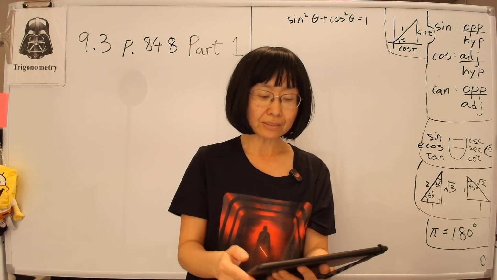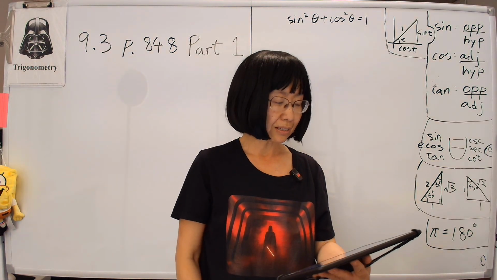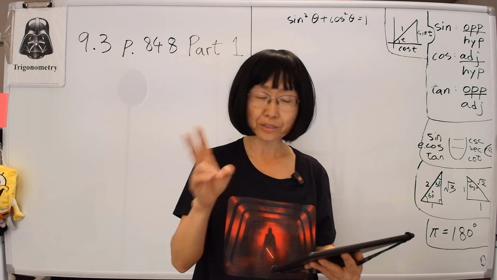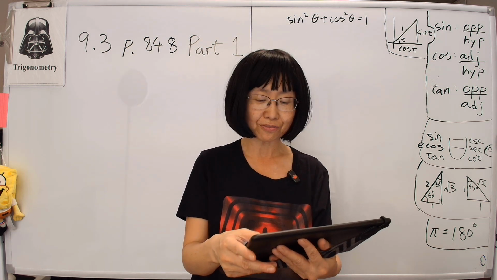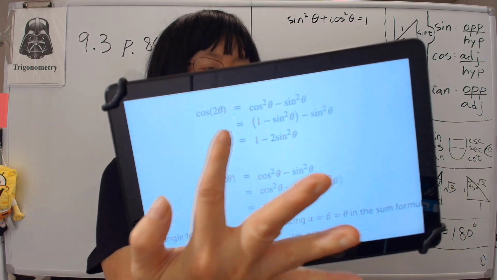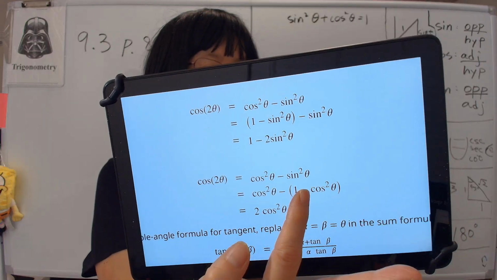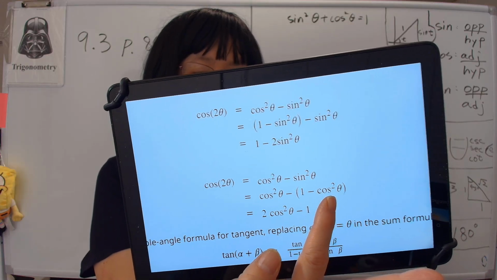That's just because cosine 2 theta is made with two squares, so we can substitute and make things look a little different. Similarly, just now we substituted for cosine squared. We can easily substitute for sine squared instead, because sine squared theta is 1 minus cosine squared theta.